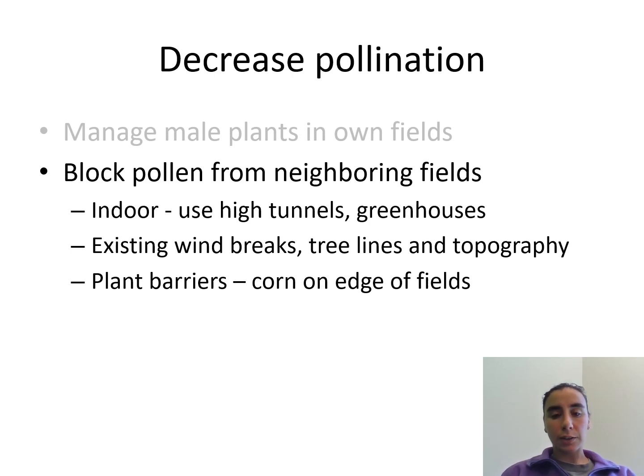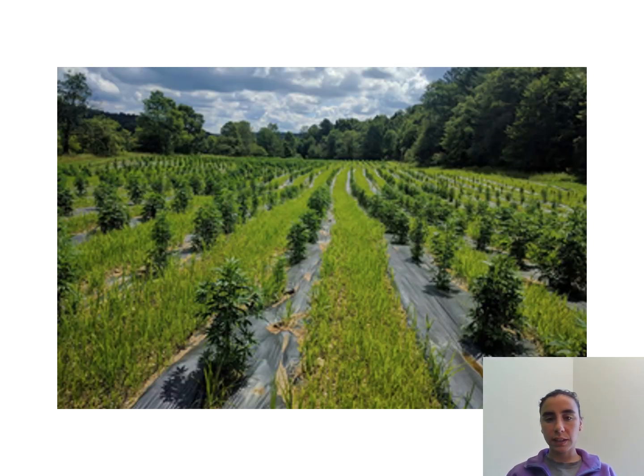As I spoke earlier about downwind versus upwind, know how wind is generally moving across your land and make sure that if you're downwind of other hemp fields, you're really protecting those sides. What you can see here is hemp planted in an alcove of a tree line, and that tree line is going to really help block pollen movement and wind movement.